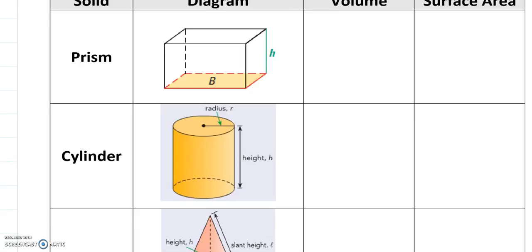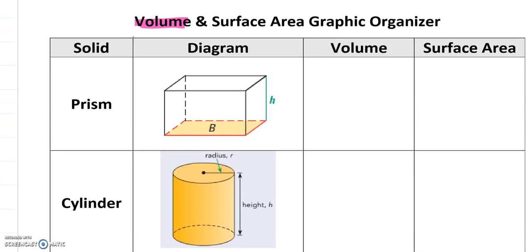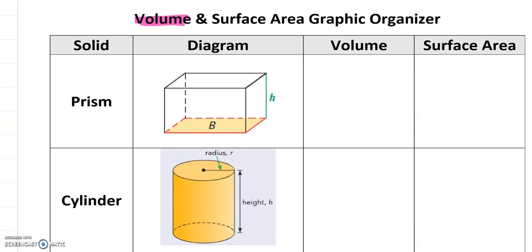Or Pringles container, whatever it is, then you would need to know surface area, because that's going to tell you how much to cover your shape, to make the shape. So to know how much material to cut out and actually construct your object. Right? But we're going to be working and focusing first on volume, which is to fill something up, to put something inside. Right? So let's go ahead and take a look at our first shape, our prism.